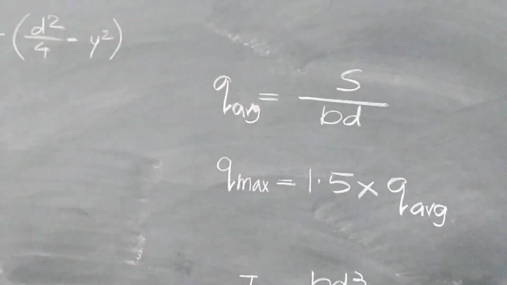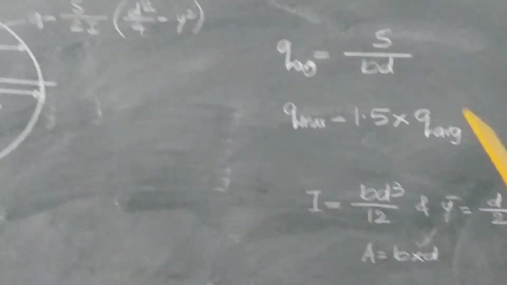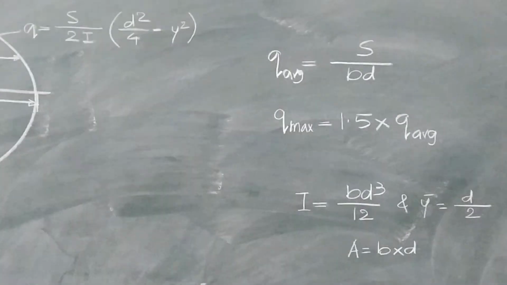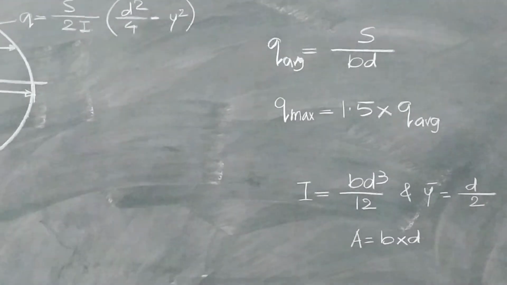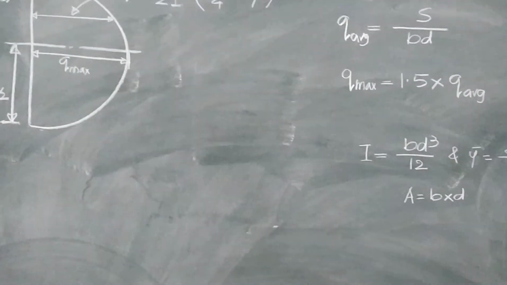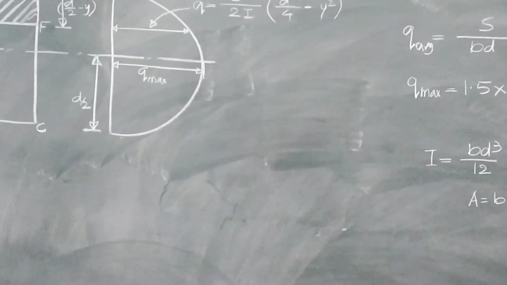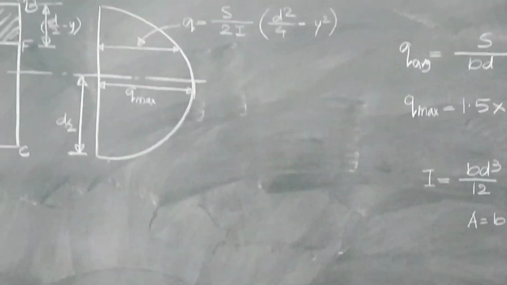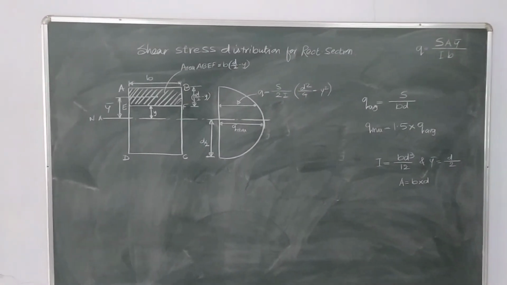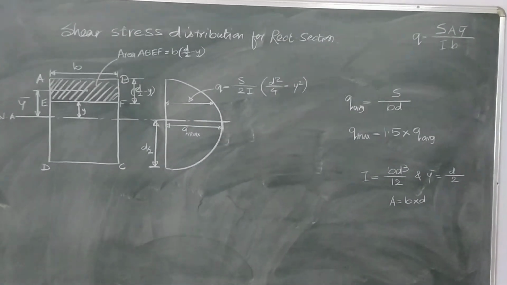Q average is S upon B D, you have to learn this equation by heart, and then I is equal to B D cube by 12 and y bar is equal to d by 2. Area of rectangle, as you know, is B into D.